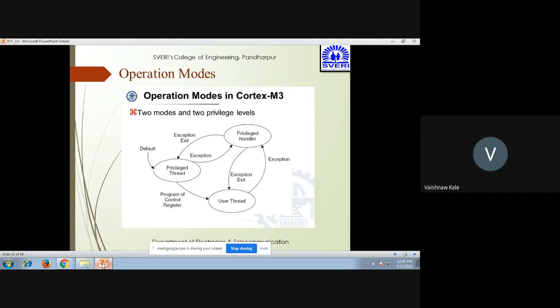Similarly, as soon as an exception occurs, it will move from user thread to privileged handler. And as soon as the exception exits, it will come back from the privileged handler to the user thread. And privileged thread to user thread can be done by programming the control register. So this is the whole state diagram of the operation modes in Cortex M3.